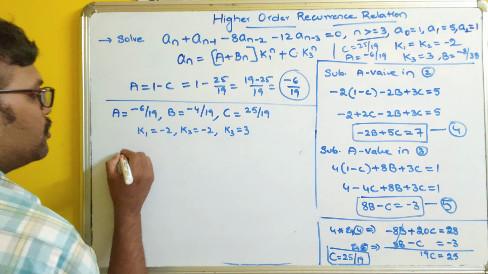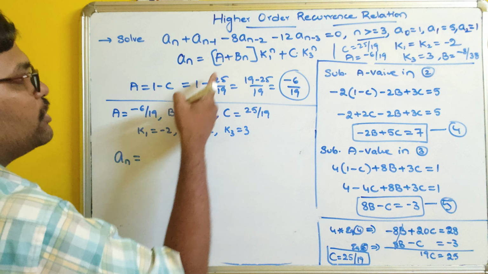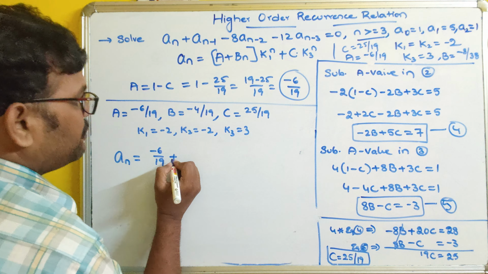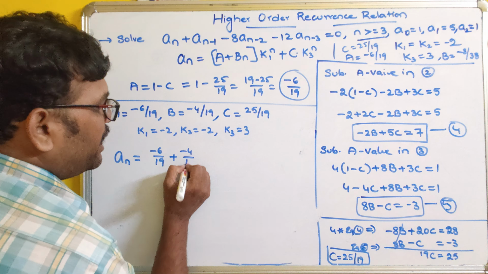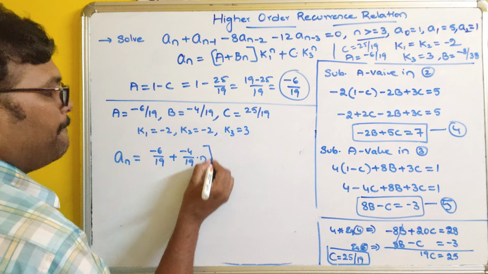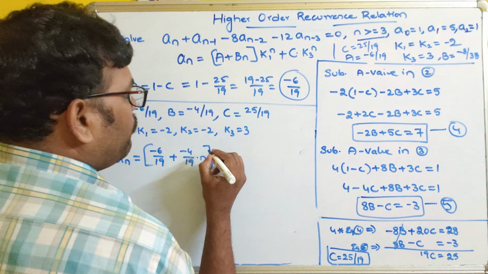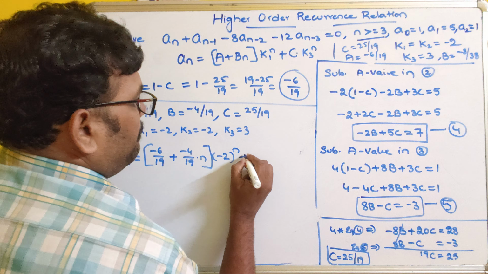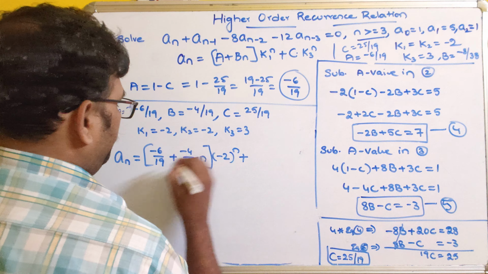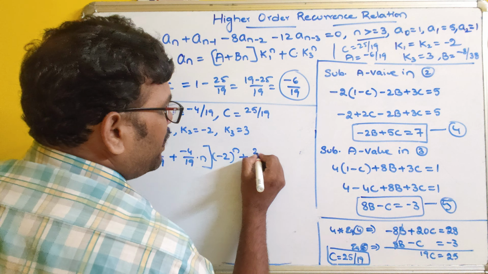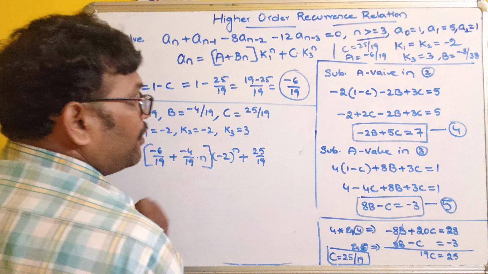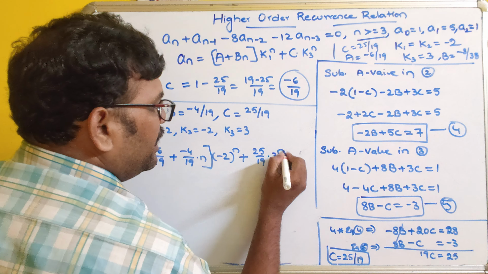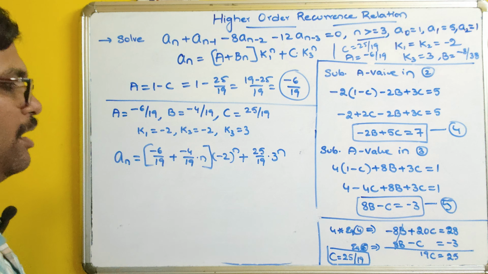Now what you can do? So the general solution a_n is equal to A, minus 6 by 19, plus B, minus 4 by 19, into n, into k1, minus 2 power n, plus C, what's the C value? 25 by 19, into k3, 3 power n.